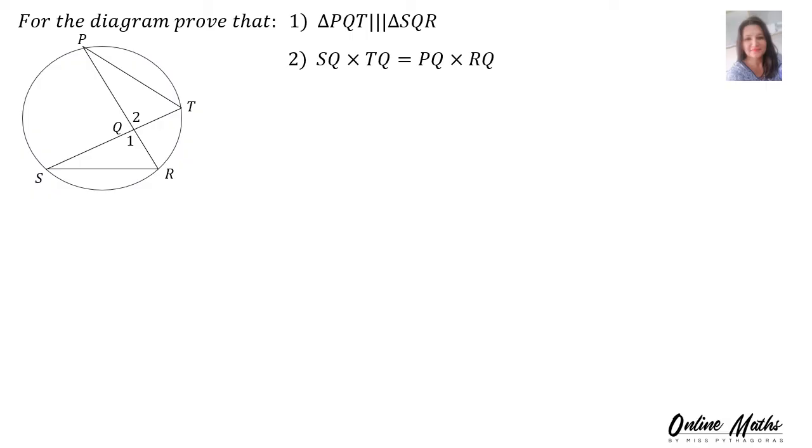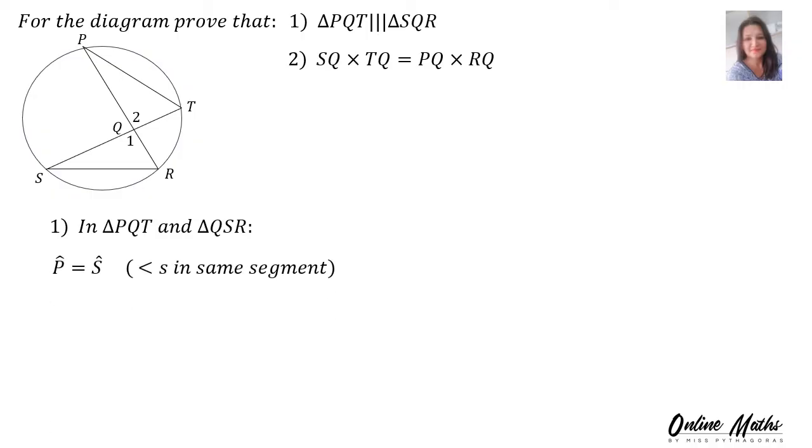Example 3. In the diagram, prove that triangle PQT is similar to triangle SQR. So we need to find 3 angles equal to prove 2 triangles similar. Let's start. In triangle PQT and triangle QSR, we can see that angle P is equal to angle S, and the reason, angles in same segment.